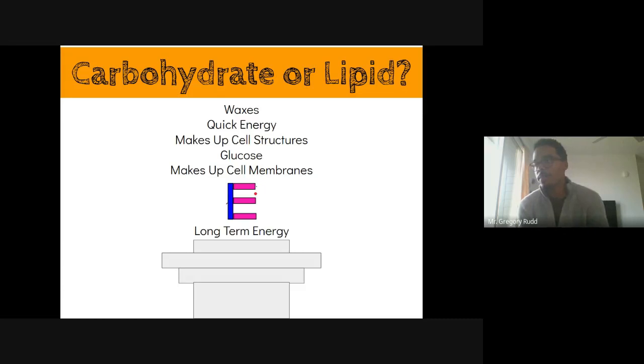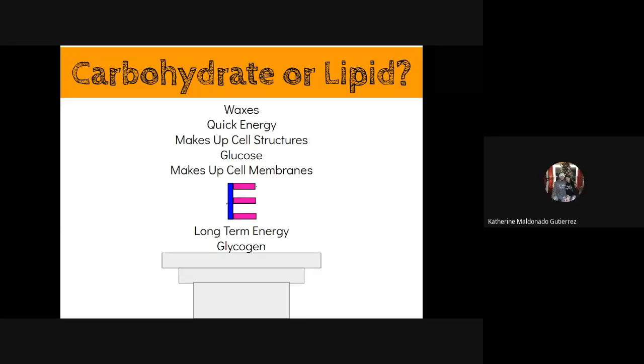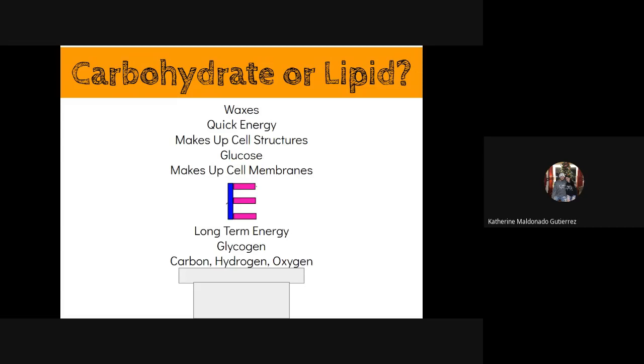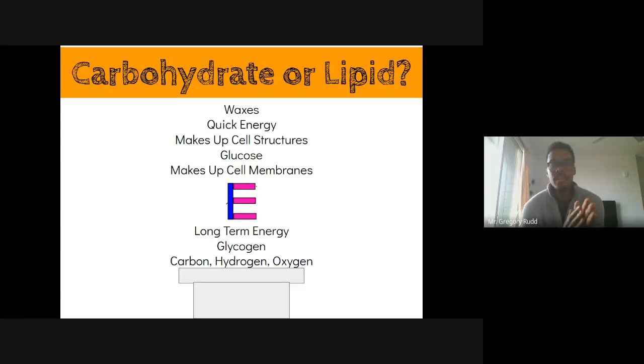Long-term energy. Lipid. Glycogen. Carb. That's an example of a carbohydrate. These 3 elements, carbon, hydrogen, and oxygen. Lipid. And why do you say lipid there, Kathy?